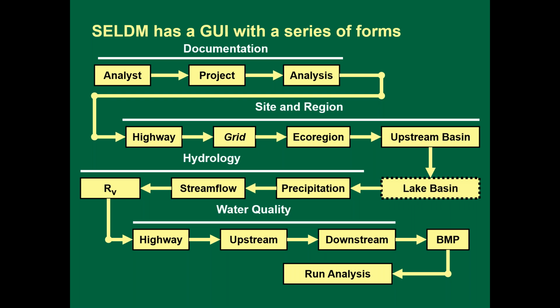And then we get into the hydrology forms where we specify or pick our precipitation, our pre-storm flow, and our runoff coefficients, which are based on the imperviousness. Or you can put in your own runoff coefficients if you have them for a given site. Then we get into water quality and then the BMP treatment and run the analysis.